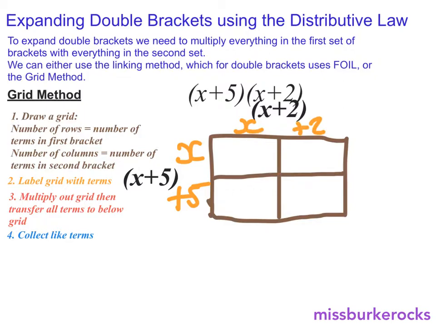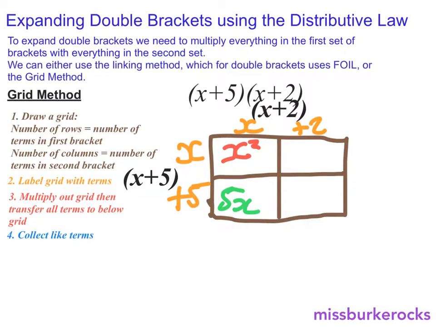Then I just multiply out. I'm going to multiply each of my boxes. So I have x times x here, which is x squared. Then we've got x times positive 5, or 5 times positive x. We have 5x.